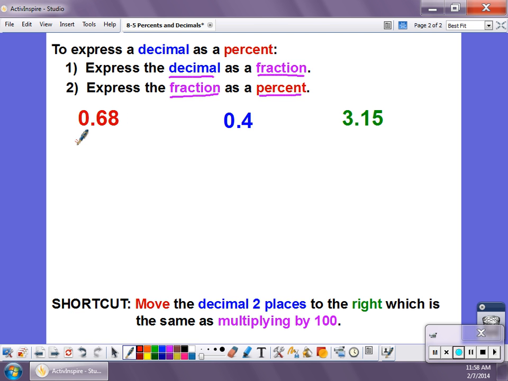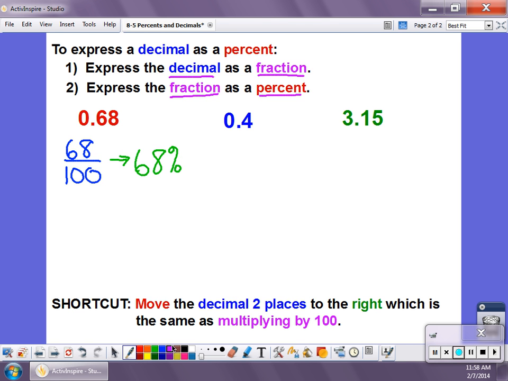If I were going to write that decimal as a fraction, it would be 68 hundredths. Now, my next step is to change that fraction into a percent. To have a percent, we know we need to have a denominator of 100, which in this case we already do. 68 out of 100 is just 68%.